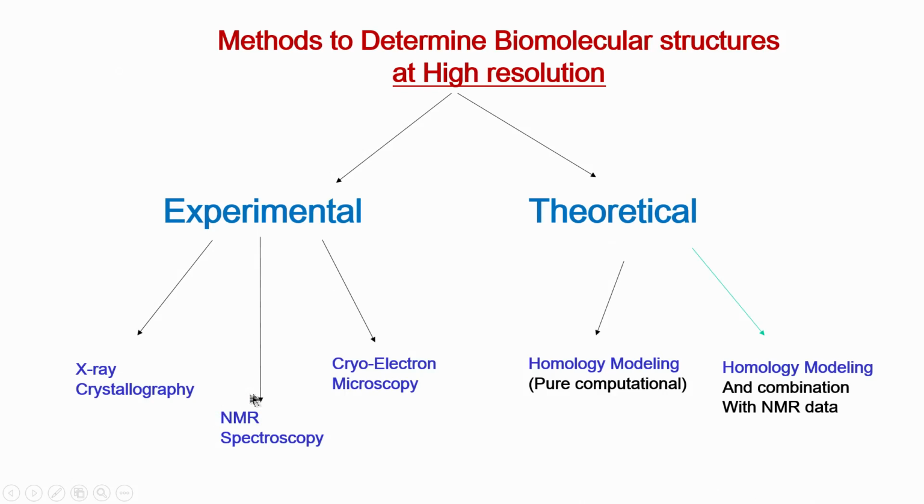Suppose we are looking at proteins A and B, and protein A has a known structure, and protein B is unknown, and protein B has a very high sequence identity with protein A. So, homology modeling can be done like here, but additionally I can take more information by recording data on protein B. If I record NMR data of protein B and get some proton and carbon experiments, spectra and chemical shifts, I can use that information and further improve my modeling.